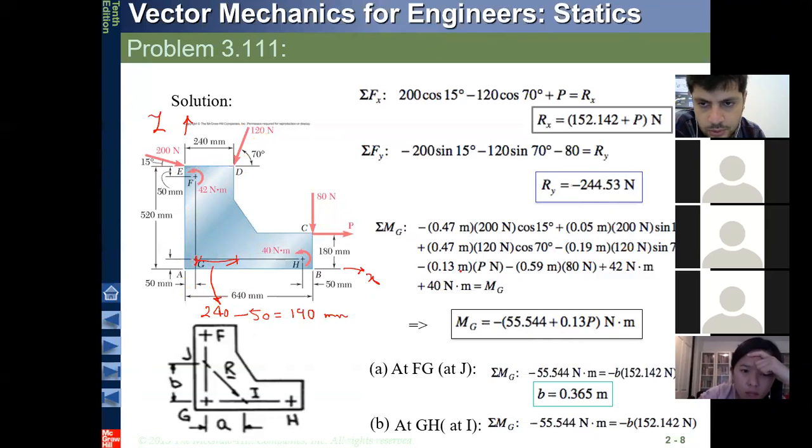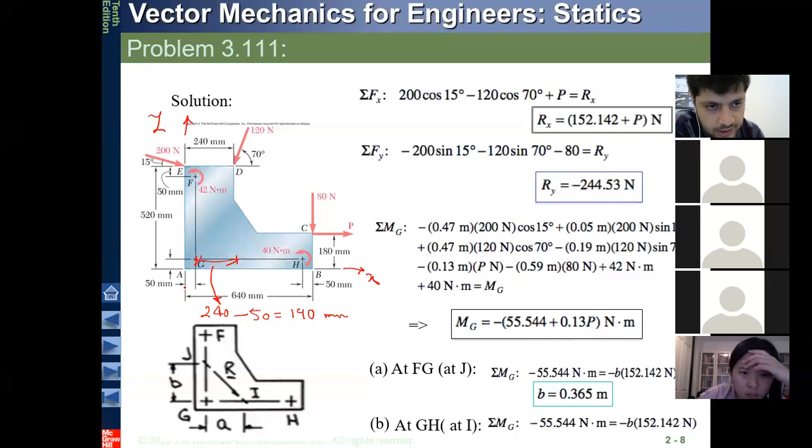And for the last one, for P, you're going to have 180 minus 50, which leads to 0.13 meter for force P. And then for this 80 Newton force, this is the distance from A to C, 640 millimeter.